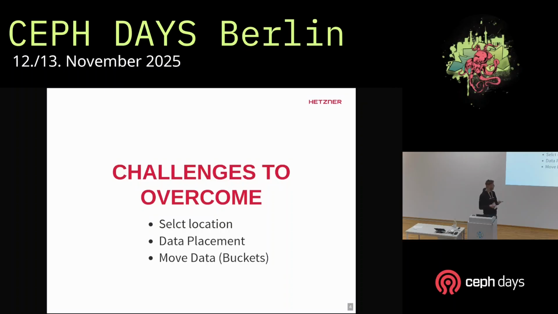How much space does the cluster have, etc.? And then we also had to think about what will happen if a cluster is full at some point. Do we want to add more hardware to this one particular cluster to scale it? Or do we want to be able to move that bucket or another bucket from that cluster over to another cluster just to make room in the source cluster?